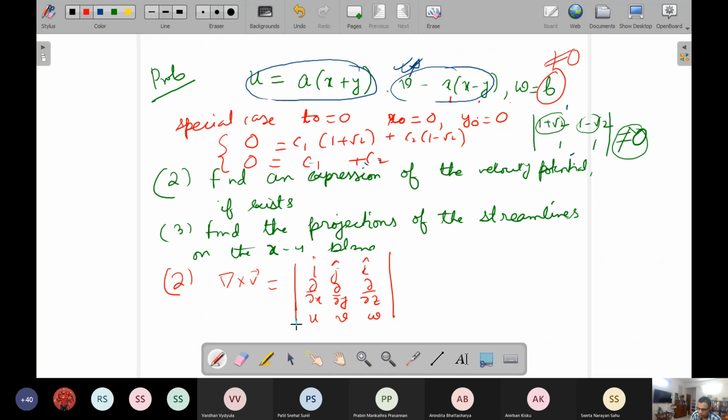To understand that, we just substitute the expressions. U is, okay, let us write this. Just a straightforward calculation, but let us see.